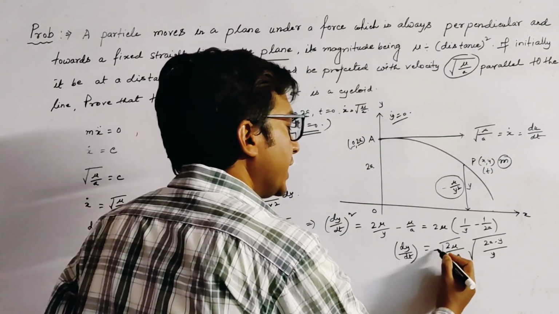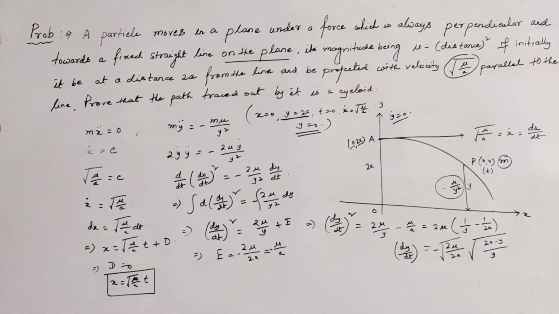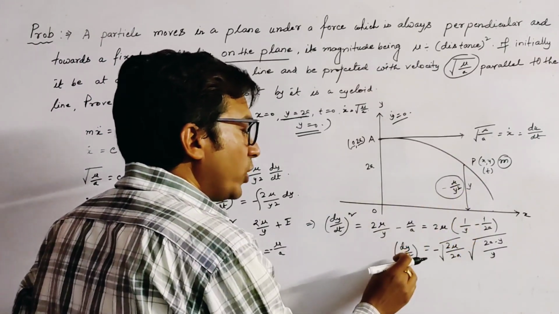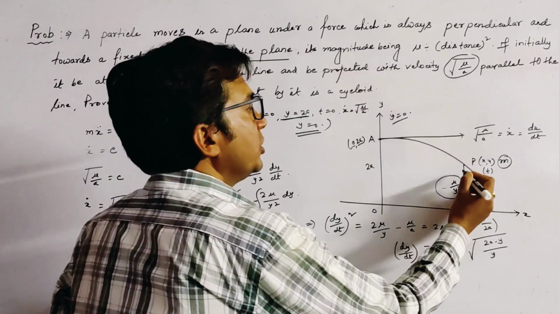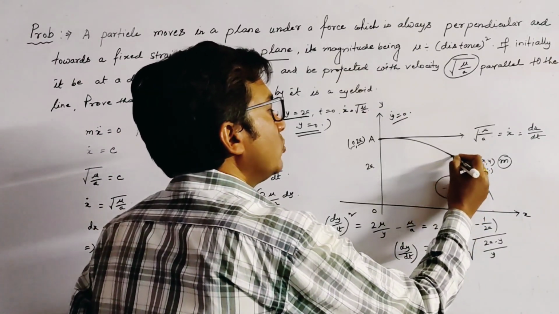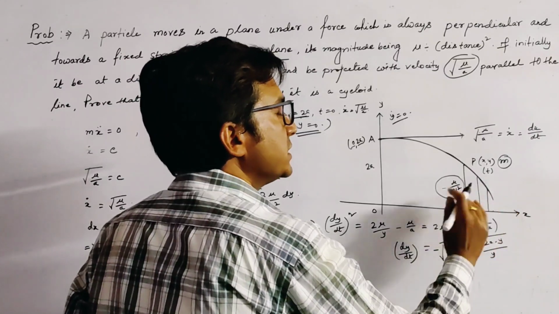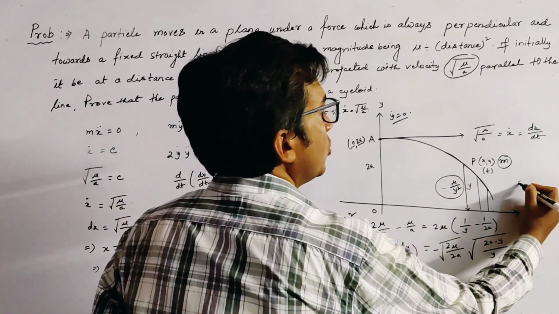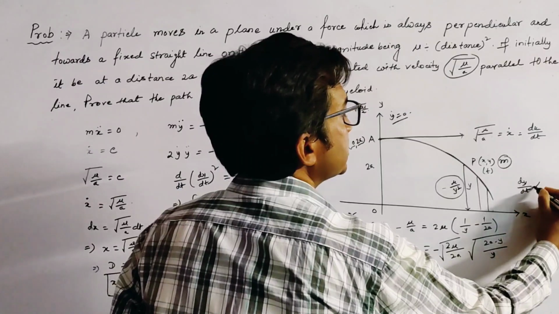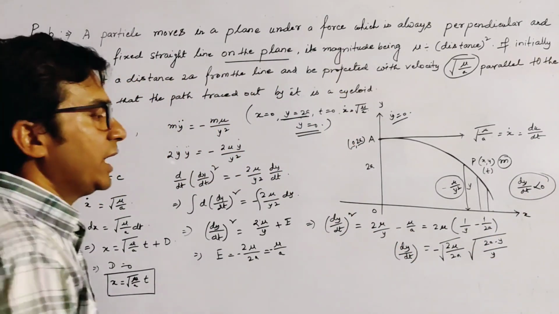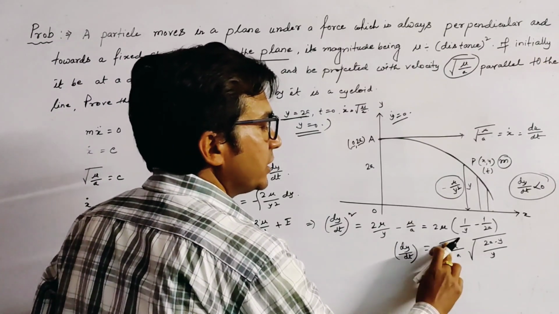We take here a negative sign, because y is decreasing when t is increasing. If the particle goes through the end point, then y continually decreases but time increases, so dy/dt must be less than 0. So we take here a negative sign, and we cancel out 2 and 2 here.